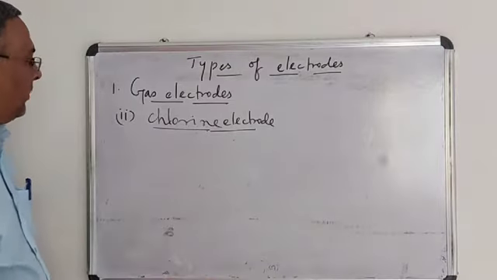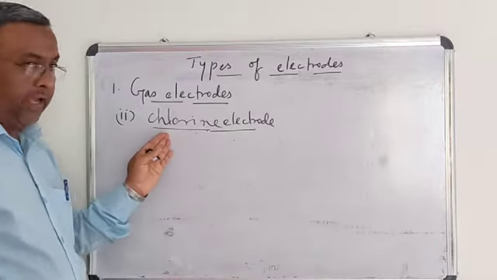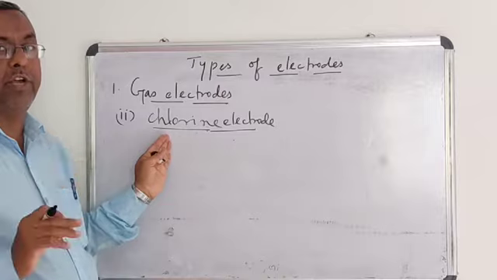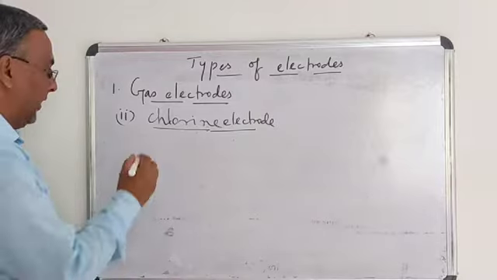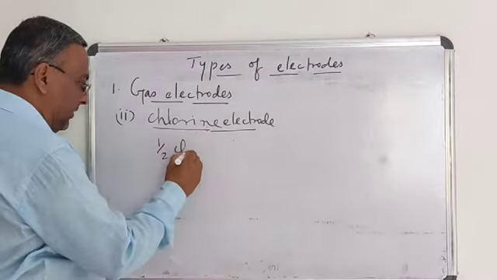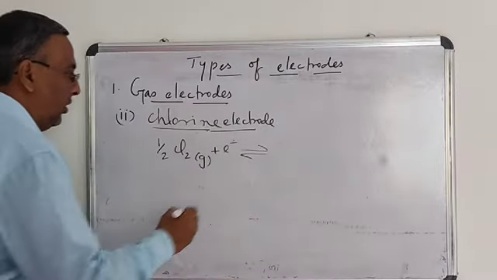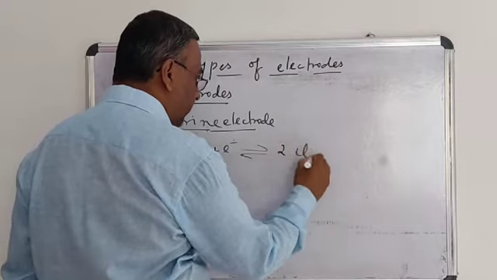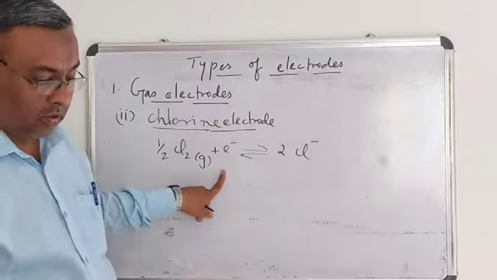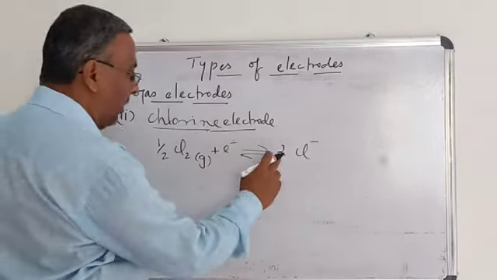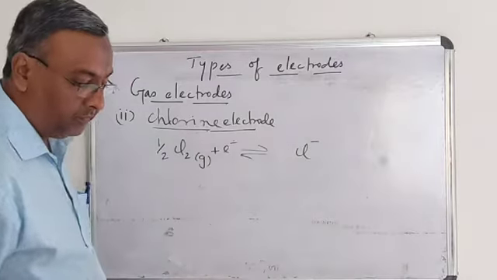In this electrode, instead of hydrogen gas, chlorine gas is bubbled through a solution containing chloride ions. And the cell reaction is represented as half Cl2 plus electron to give Cl minus. Here it is only half Cl2, therefore 1 Cl minus.